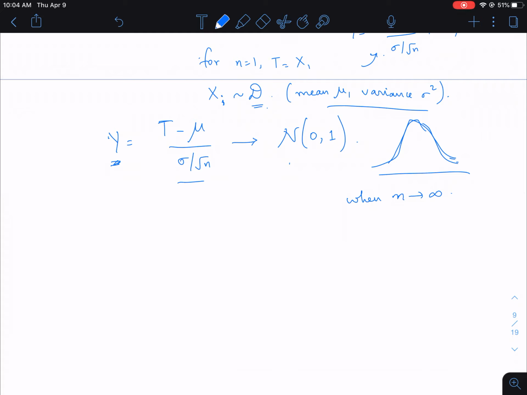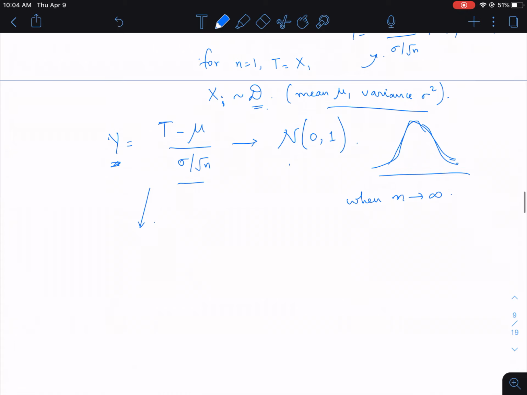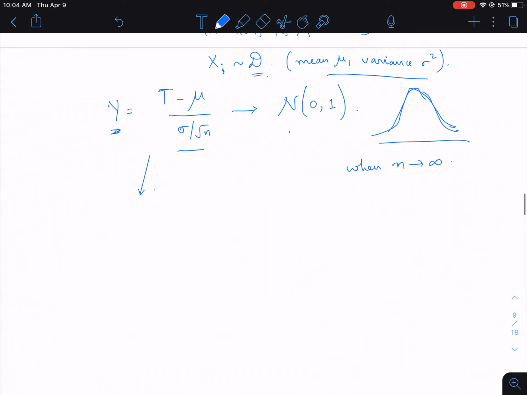Let me say why that is nice. What does this mean? This means that if I were to look at the distribution of T, so T is the sample average.